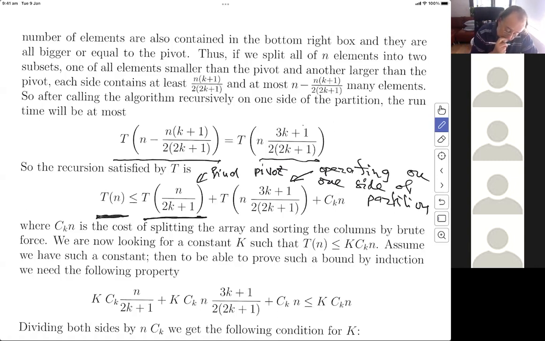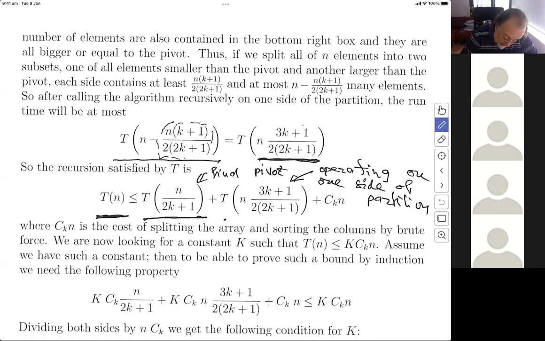We don't know where exactly you will operate. Maybe you will operate on the smaller side, which is this, or the larger side, which is this fraction here. But in any case, this is smaller than or equal to this.